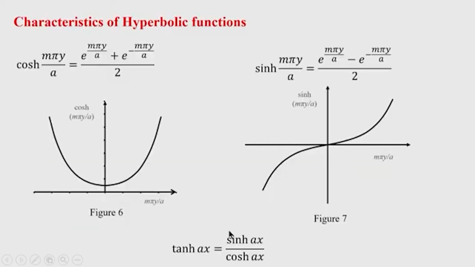Now, let me show you the characteristics of hyperbolic functions, how they look. You can see cosh(m pi y by a) or cosh(n pi x by b), whatever we encounter in the complete solution of the Levy's method, there we have to deal with this function.